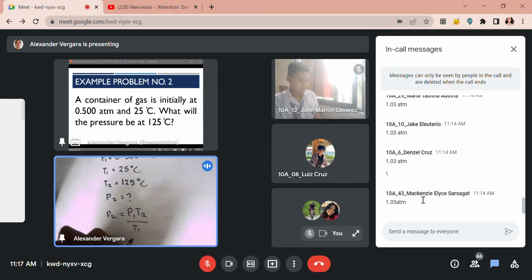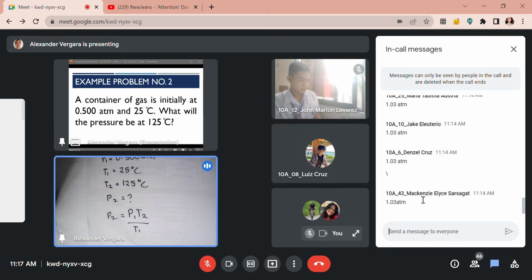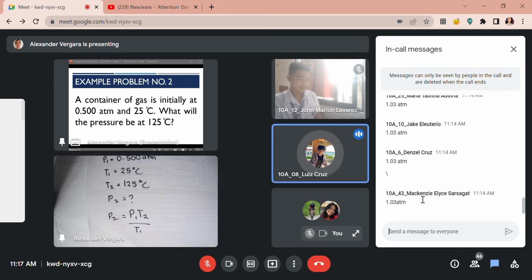Can we substitute already the value? Neil, can we substitute already the value this time? No, sir. Why? What's the reason why we cannot substitute the value this time? Because you need to convert the Kelvin.